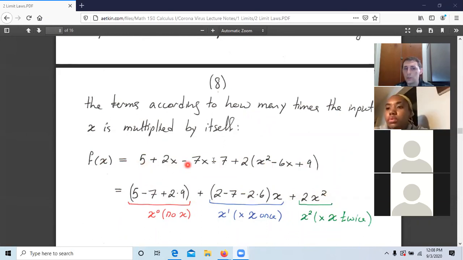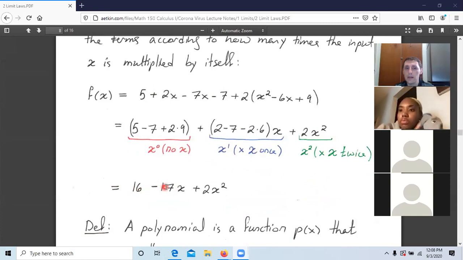So those are called polynomials, okay? So 16 minus 17x plus 2x squared is just a rephrasing by grouping according to the number of multiplications of the input, okay? So that's a polynomial. I put like terms together. I just make the presentation organized, right?